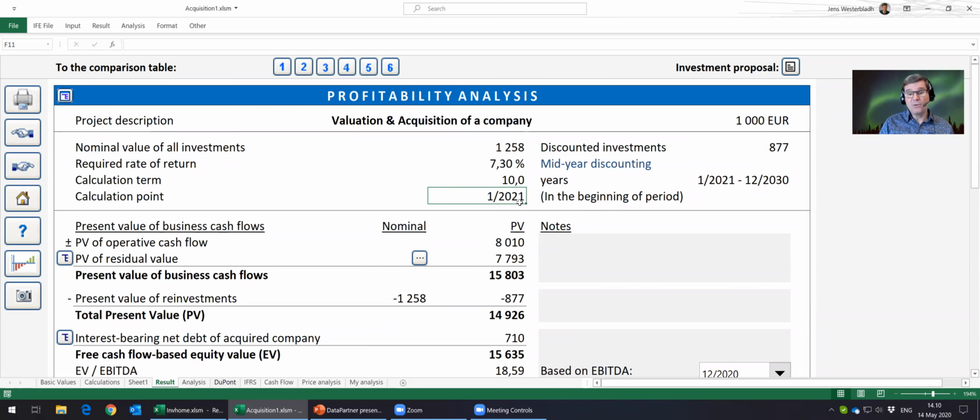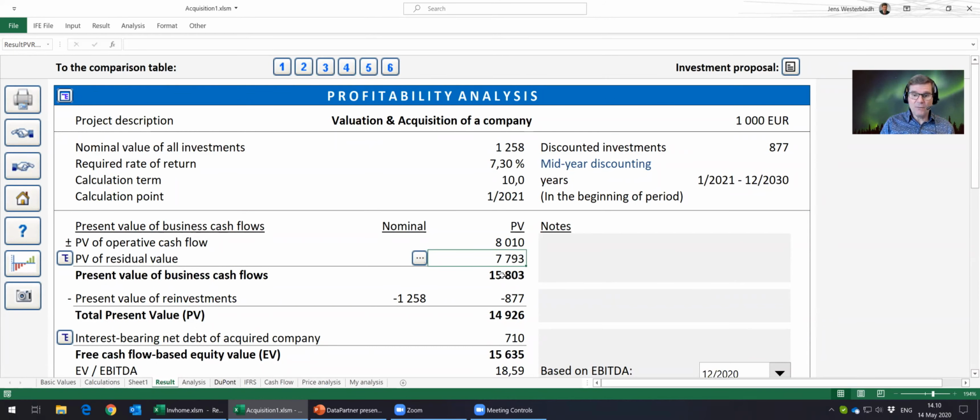That's the point to where numbers are discounted. Then we have the present value of these operative cash flows during 10 years is 8,010,000. Then we have the present value of residual value, the terminal value, whatever happens after 10 years.